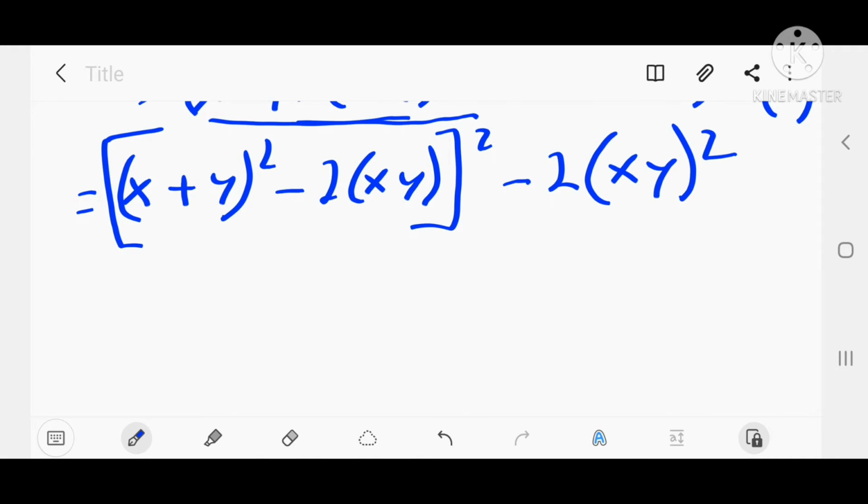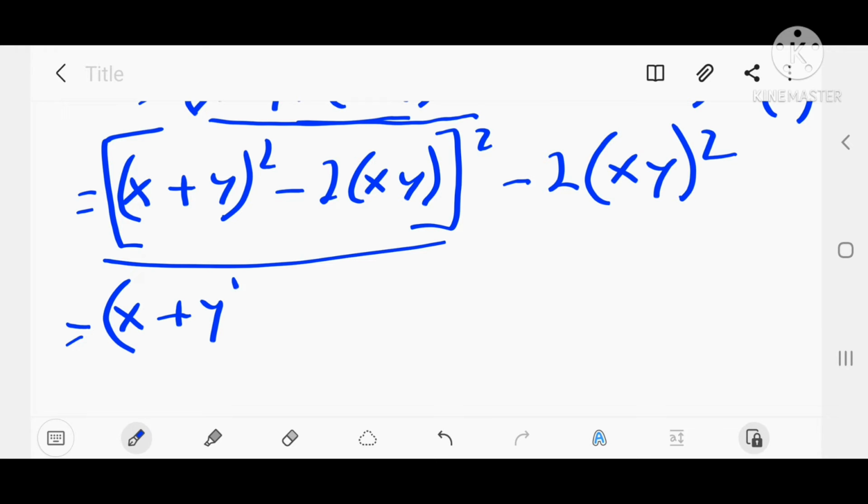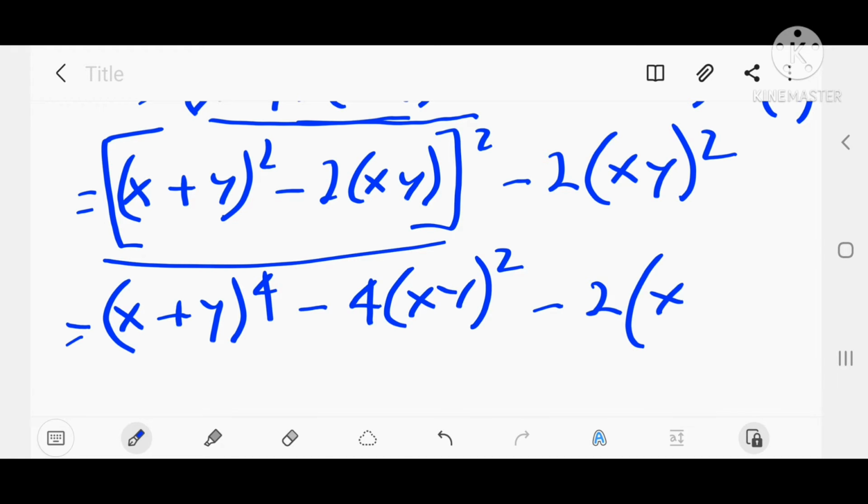So we can now expand what is in the bracket. That gives us x plus y, all exponent 4, then minus 4xy exponent 2, minus 2xy exponent 2.